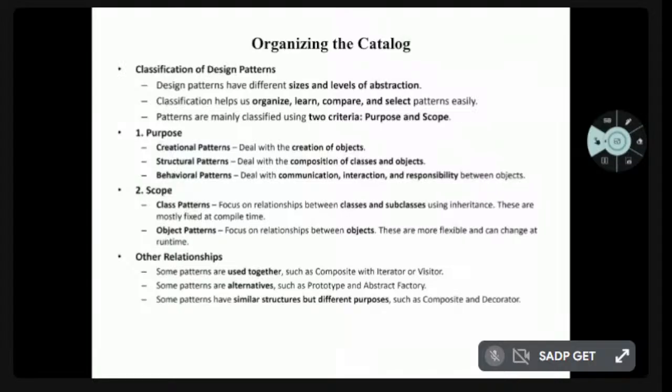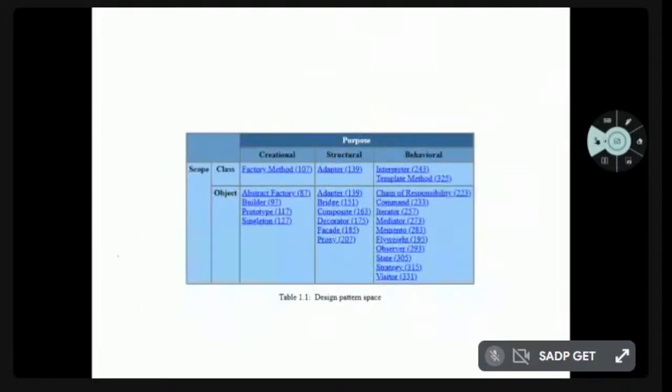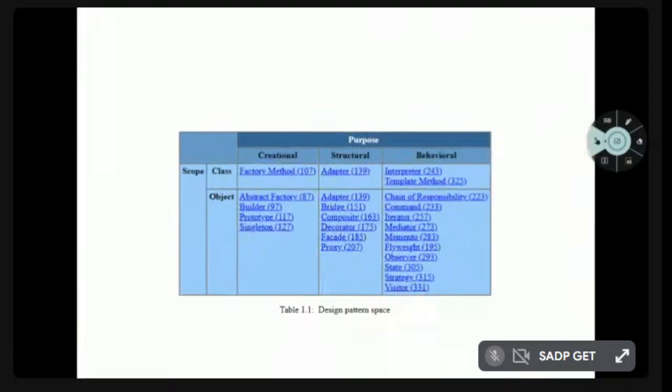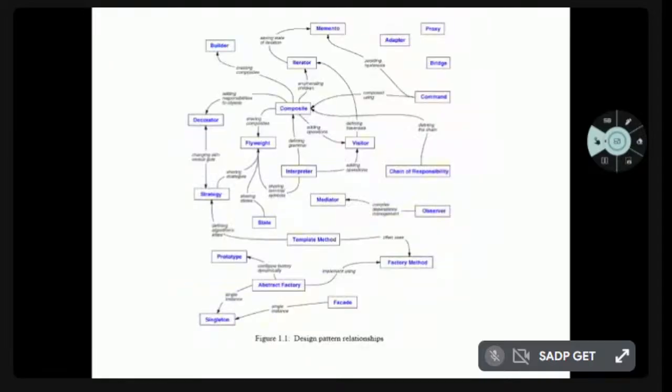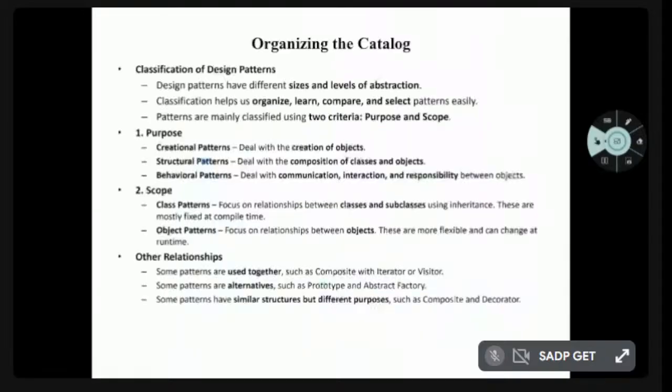Then we saw this particular diagram for the users. Up to here we are done with our design pattern relationships, that is, with our discussions. In the afternoon class, we will have further discussions related to design patterns.